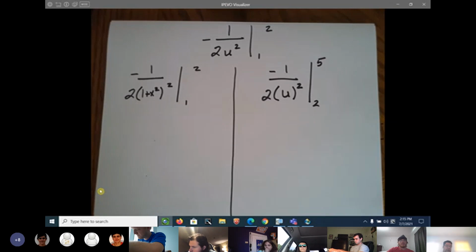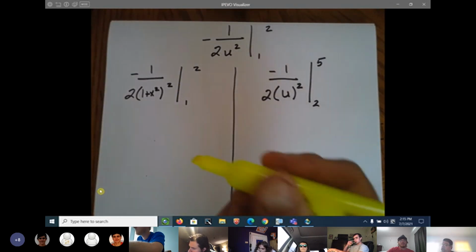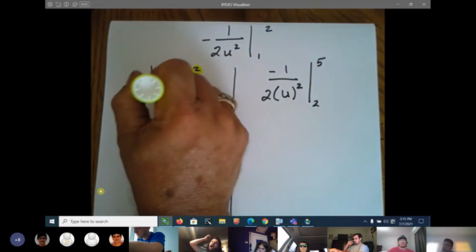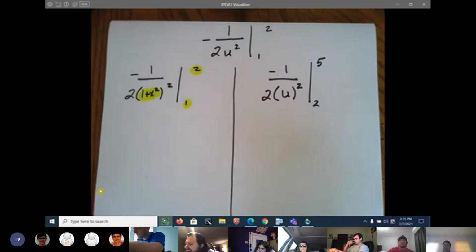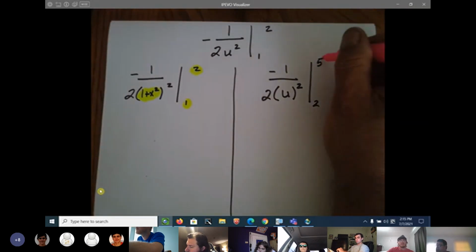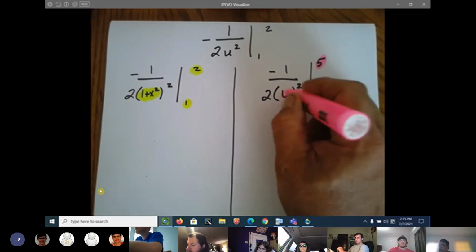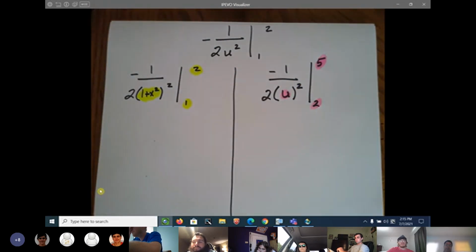So what I'm going to do is take a yellow highlighter, and I can use 2 and 1 as long as I back substitute, or I can use 5 and 2 and not back substitute, just use u. Again, it's a personal preference. I really don't care which one you pick.